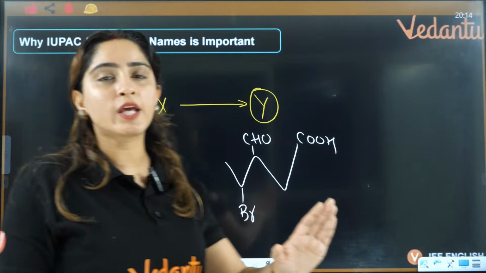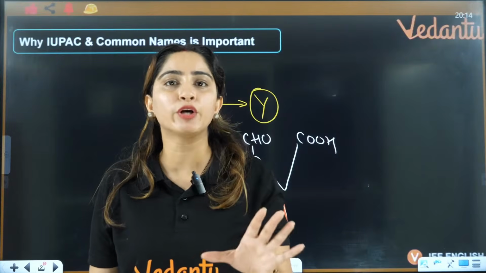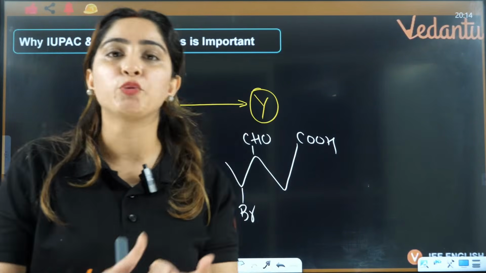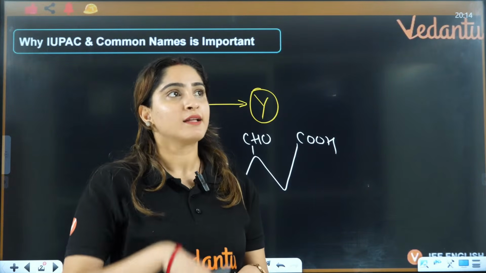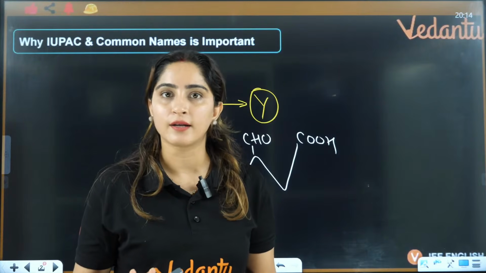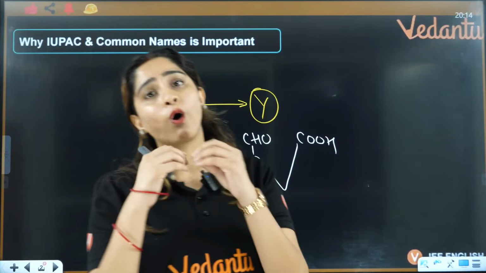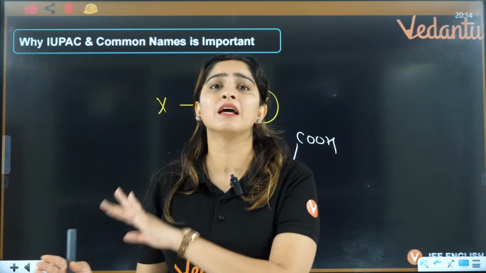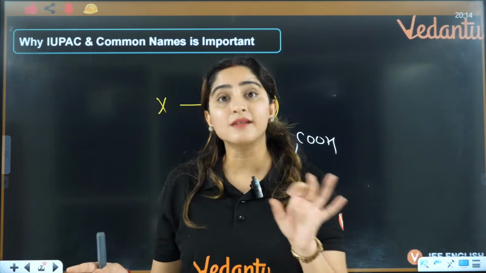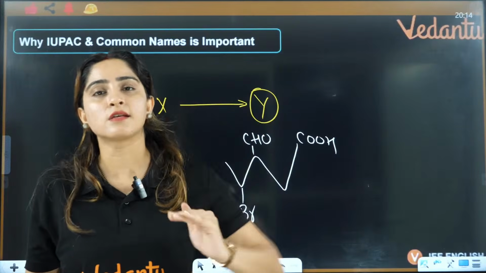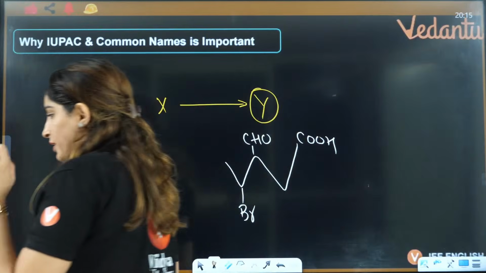Sometimes the structure of the compound is not given to you in the options. They will give you the IUPAC name, or some very famous common names, and ask which of the following is the correct product. Now, if you have no knowledge about IUPAC naming or common names, then even if you know the reaction, you are losing marks there. That is the reason this lecture sets the foundation of chemistry for you, and that is why this is so important.